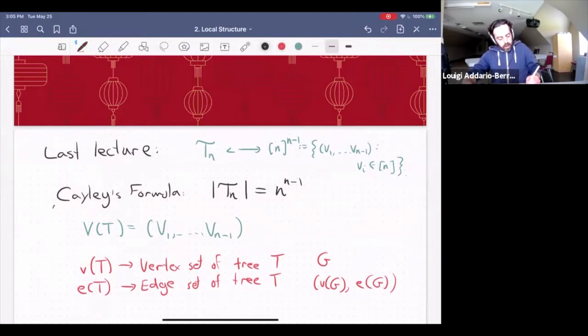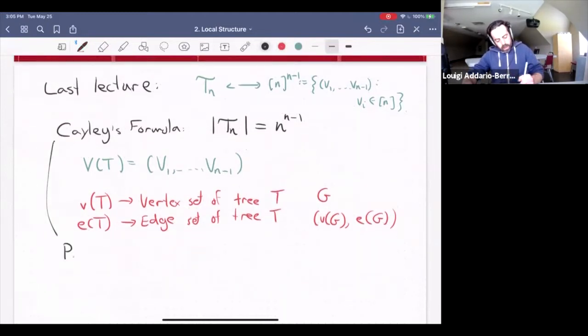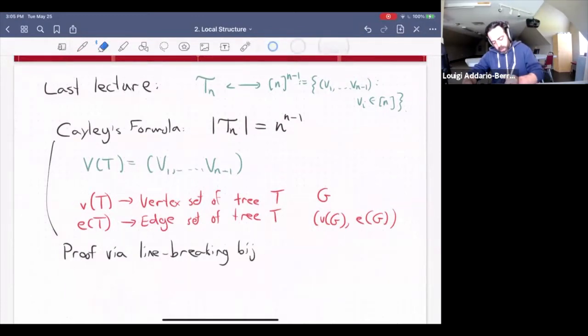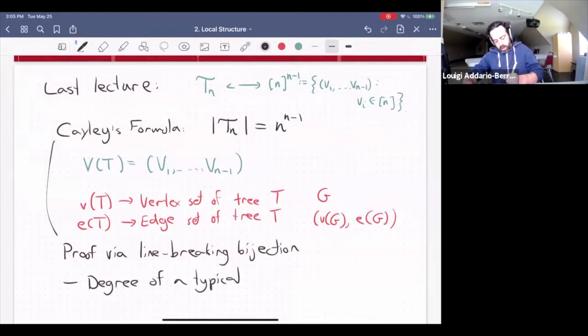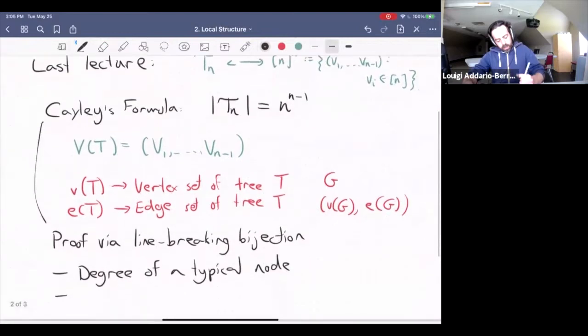After we proved this via this line breaking construction, we deduced some probabilistic corollaries, including information about the degree of a typical node, and the distance to a typical leaf.